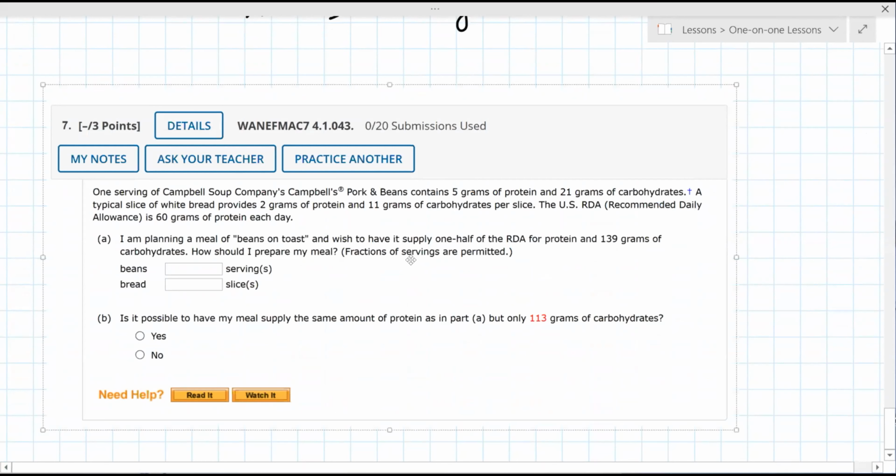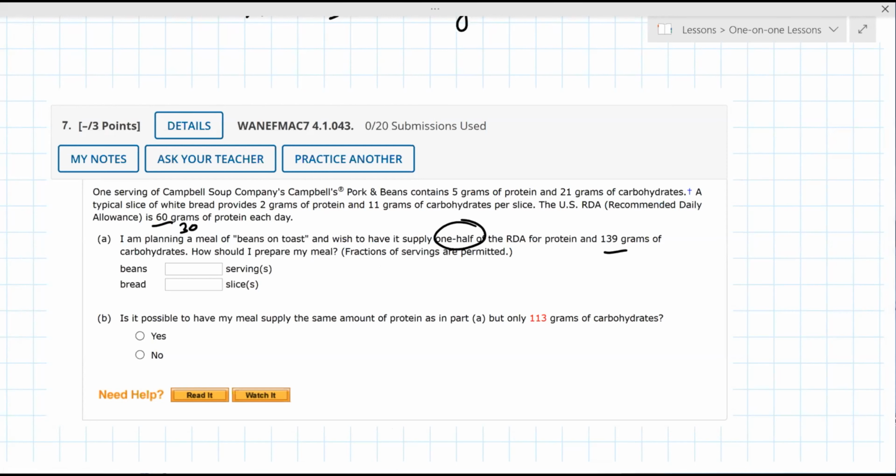All right, go ahead and I was going to suggest that you do this on your own, but I think this one's slightly different. 5, 2, just to have it supply only 1/2 of the RDA for protein. The numbers are here and here for the right-hand side, but this 1/2 means that this is going to change to 30.